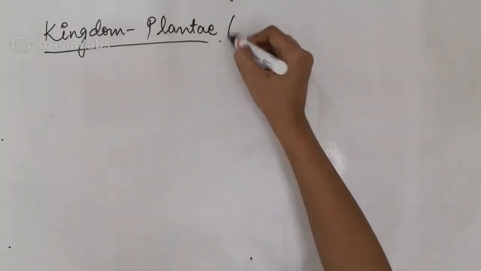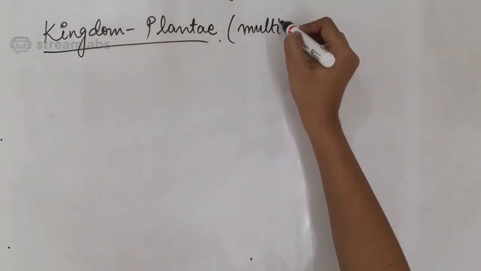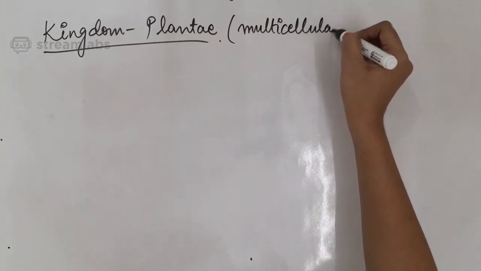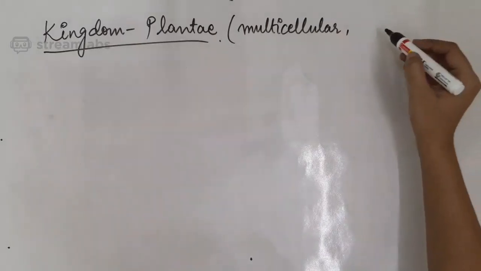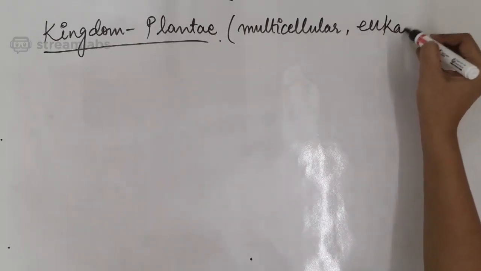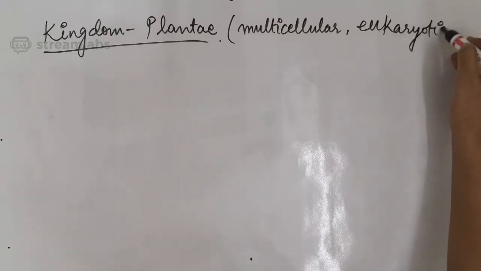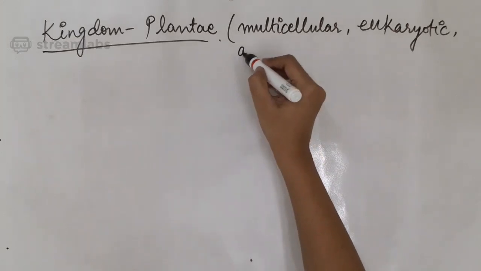In this kingdom, the organisms are multicellular, eukaryotic or having a true nucleus, and are autotrophic.